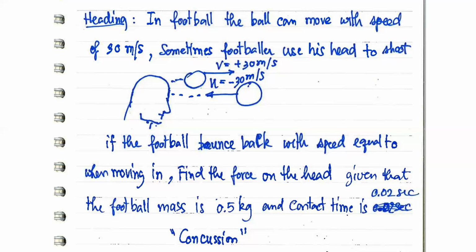And right now, if you look at American football, they have a CT scan right beside the field. Whenever a player gets injured, gets hit in the head, they have to do the CT scan right away to make sure that this problem doesn't happen.